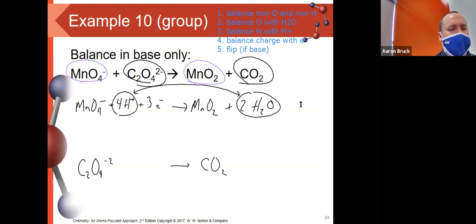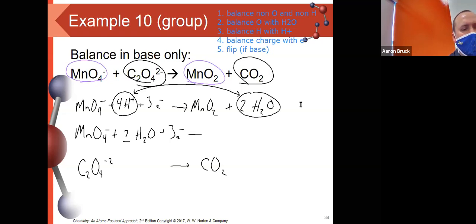And while we do that, we're not only going to flip it, we need to convert those hydrogen ions into hydroxide ions. So can you see what I did?